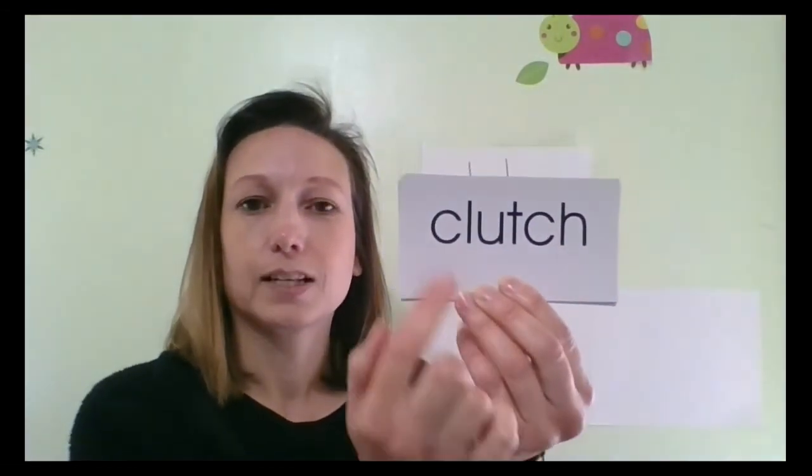So if we look at this word, we have ch, clutch. If you clutch something, you hold on to it tightly. Clutch. So here my U says uh, so I use TCH.